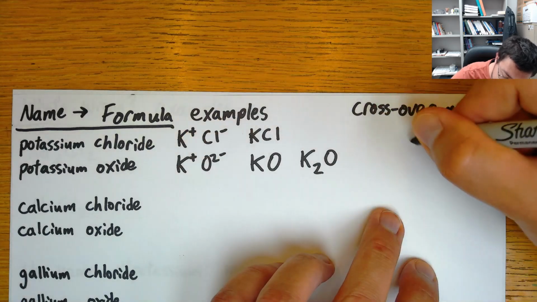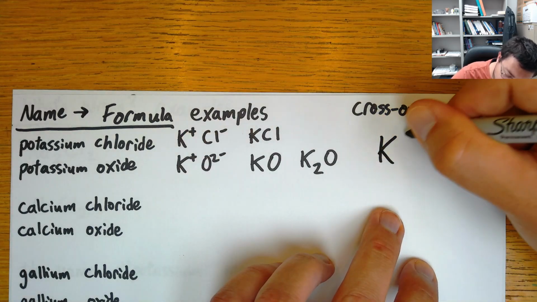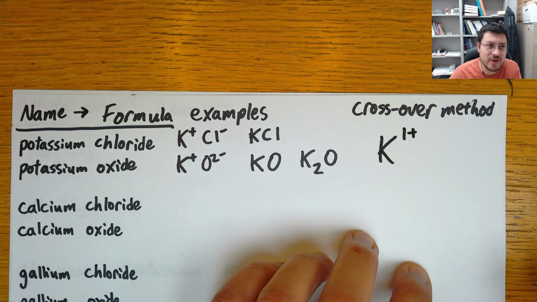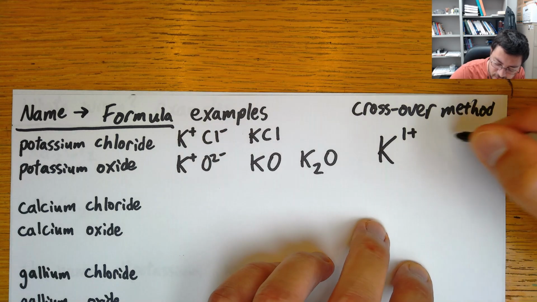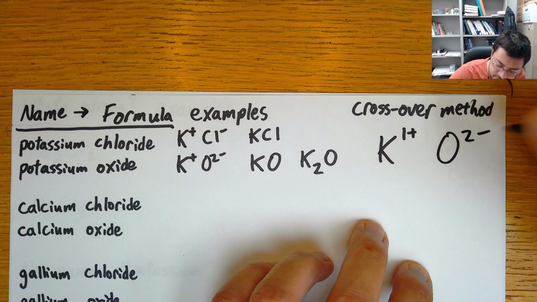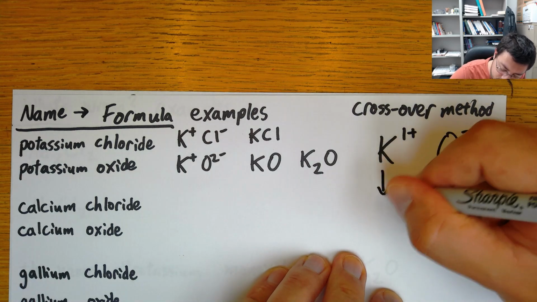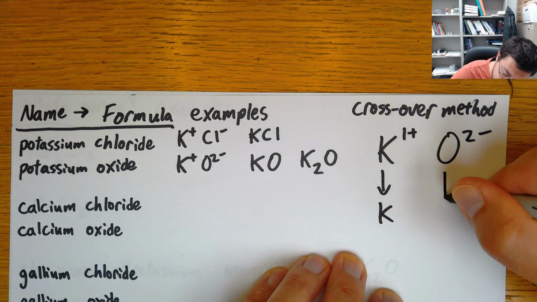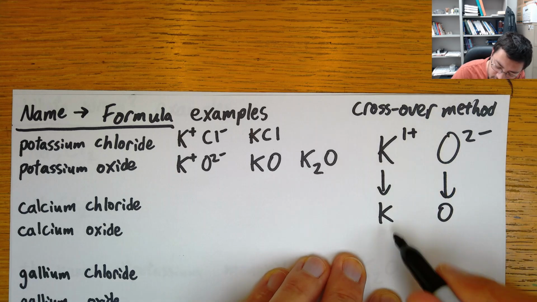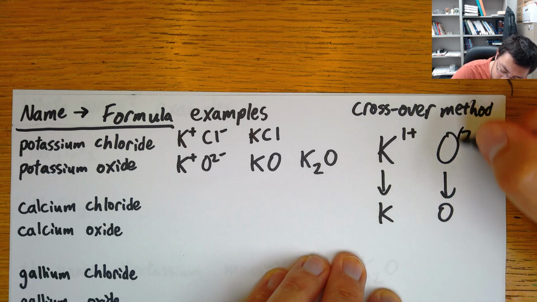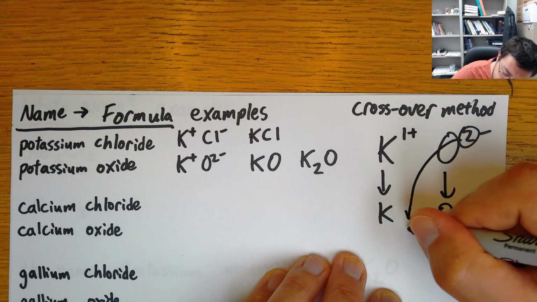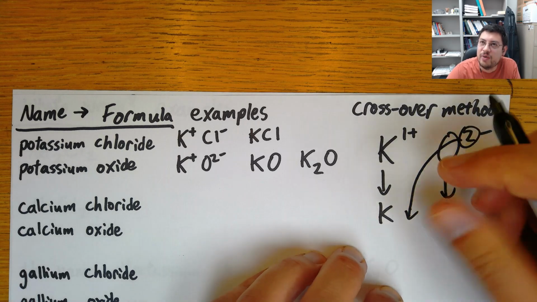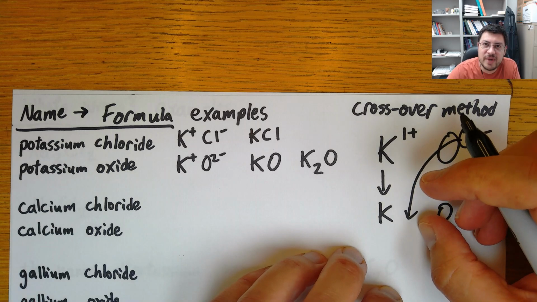You write out the ions, and if you have a 1, we'll just be okay with writing it for a moment. Okay, 1 plus, we have O2 minus. So what you do, write the element straight down, but to get to the, what is it called? The least common multiple.